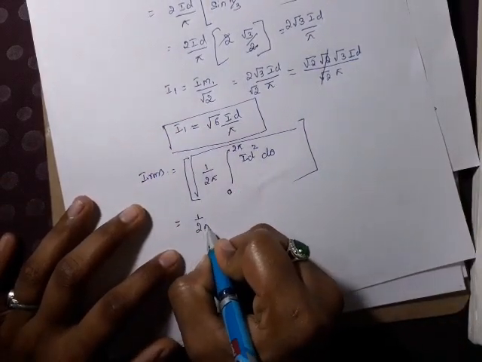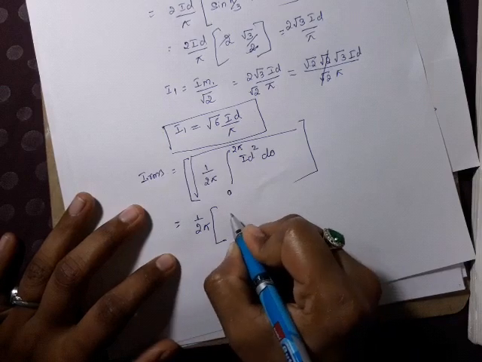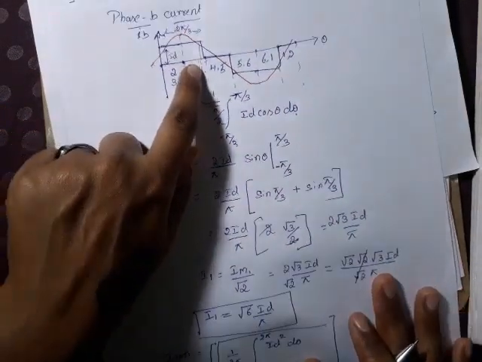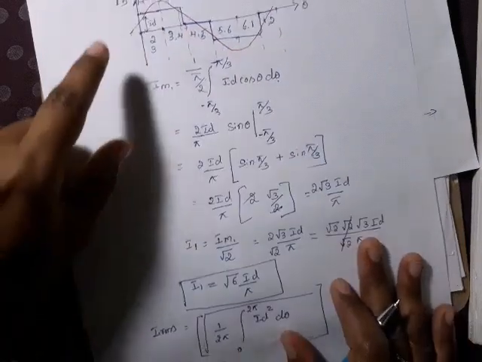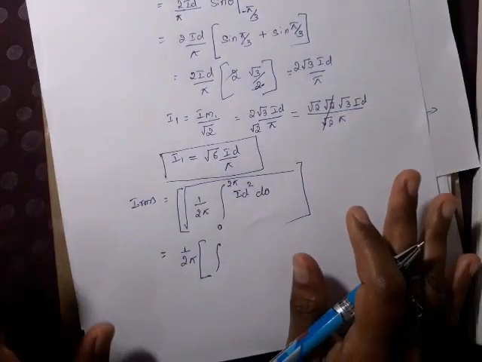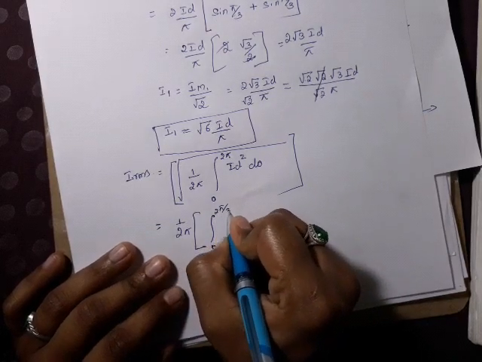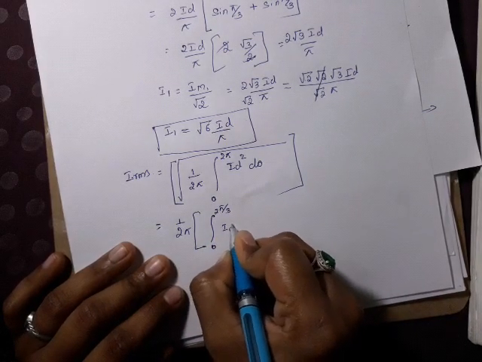1 by 2 pi. Just split this. See, from 0 to 2 pi by 3 we have a waveform. The waveform is not 0, so from 0 to 2 pi by 3 we have a waveform, that is Id.